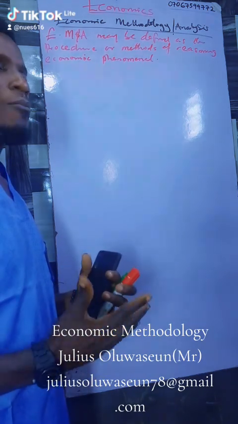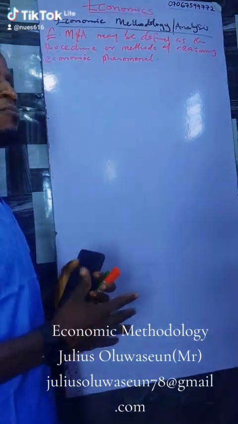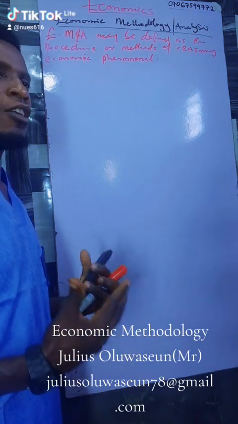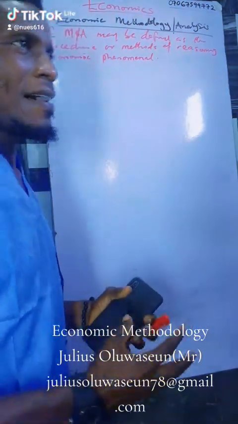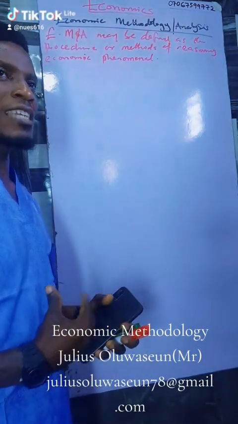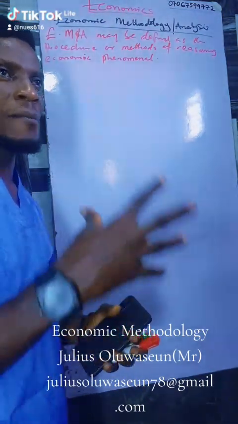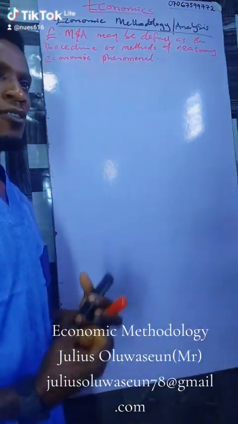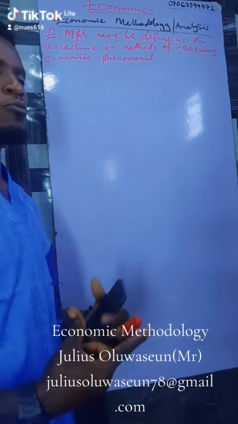That's the reason why I tell people that economics can be viewed from a science perspective, and it can also be viewed from an art perspective, because we agree that economics is a social science, a science that deals with human beings, the relationship. How do human beings normally generate their funds and how do they spend their funds prudently?